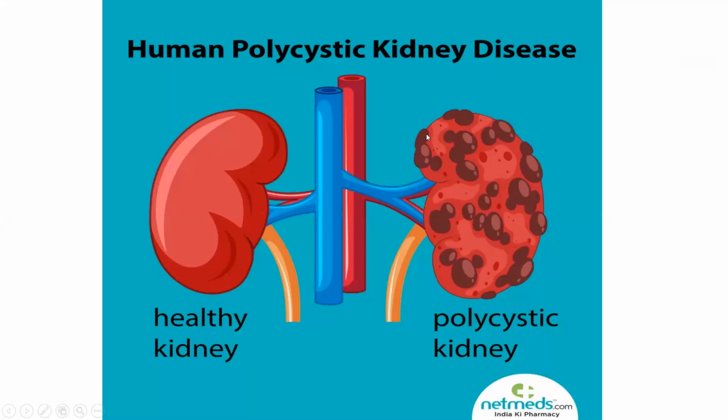This was our healthy kidney, is it not? A cyst is a non-cancerous round sac containing fluid, a mass-like formation. This is your unhealthy kidney, this is your polycystic kidney. Can you now differentiate between our healthy kidney and polycystic kidney? Yes or no?